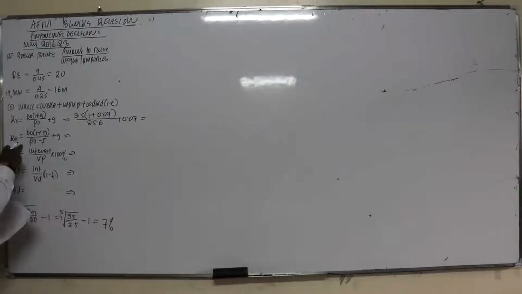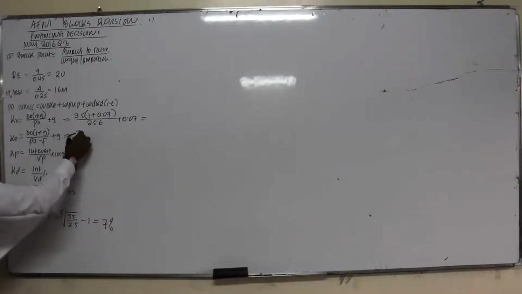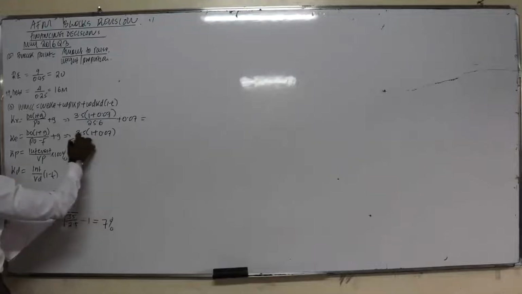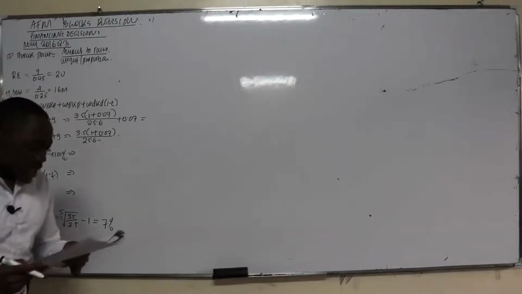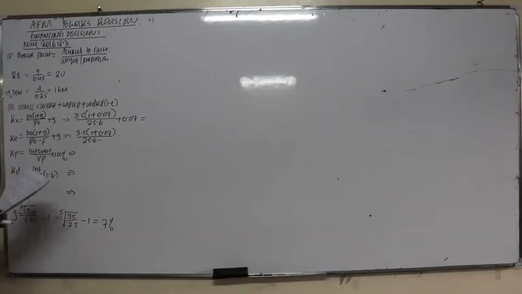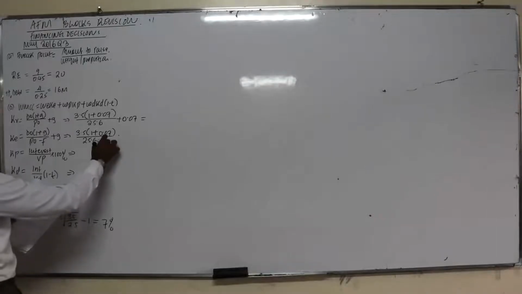Then for the cost of ordinary share, you take D0, which is 3.5, times 1 plus the growth rate, 0.07. P0 is 25.6. Then you deduct any flotation cost. Note number 3: issue of new ordinary share would attract a flotation cost of 4.6.